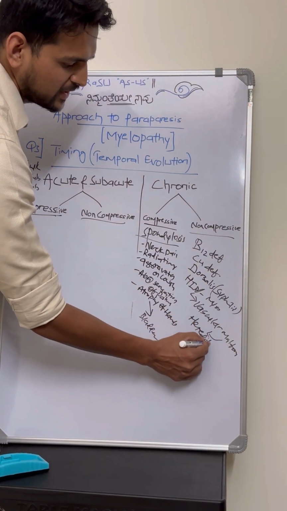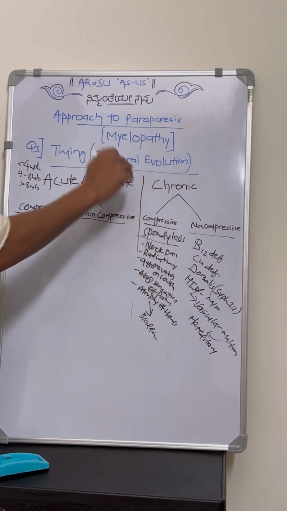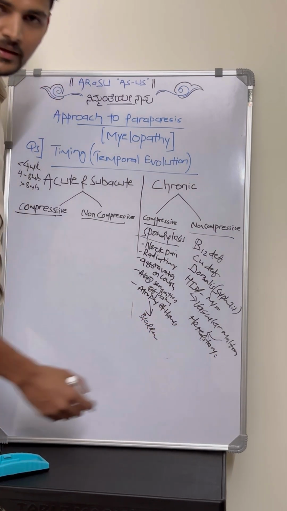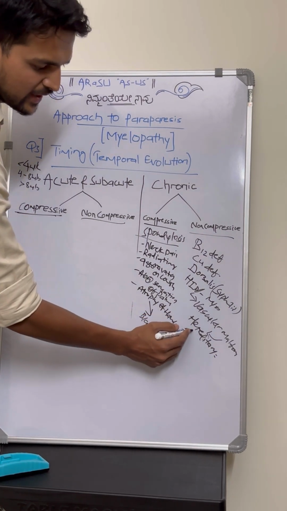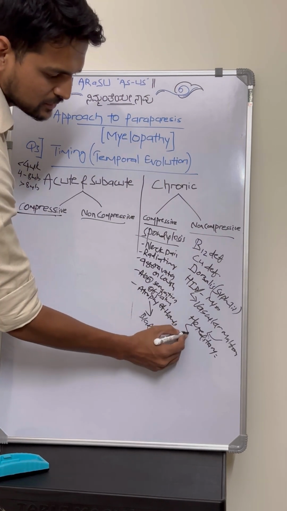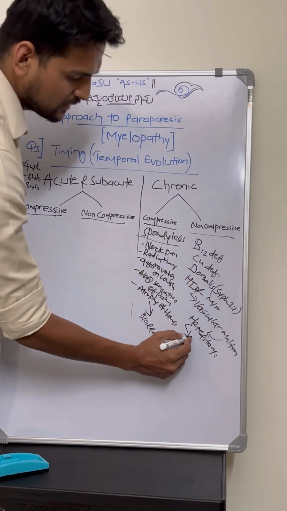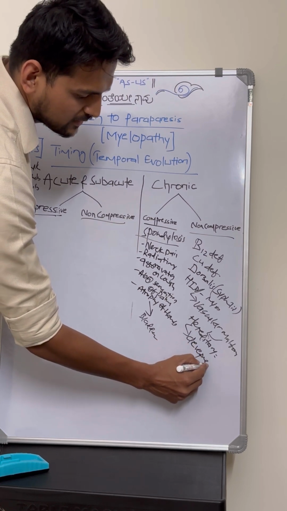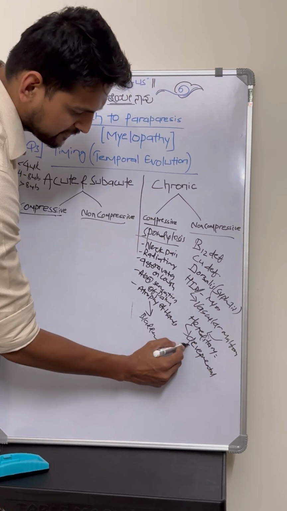So the next cause is hereditary chronic non-compressive myelopathies, and we will be able to see deformities in case of hereditary. And once the hereditary word is there, it has to trigger some developmental abnormalities, that is developmental syringomyelia.